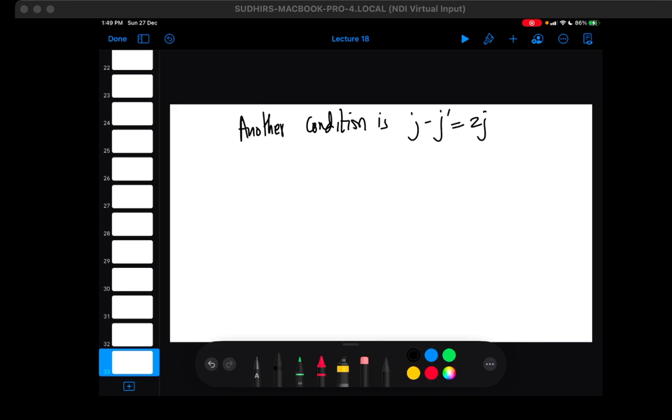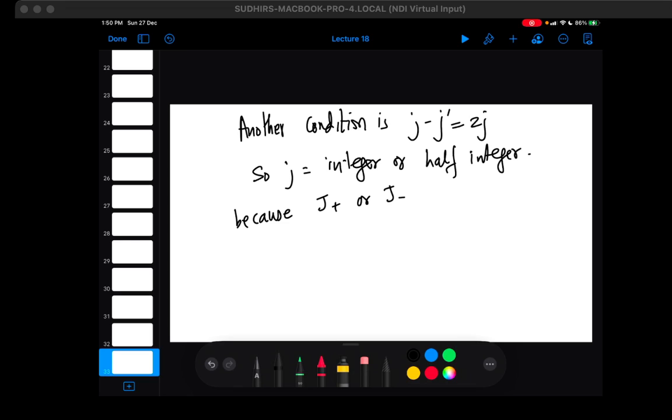So 2j is an integer, so j is an integer or half integer, because J minus lowers by 1 unit.